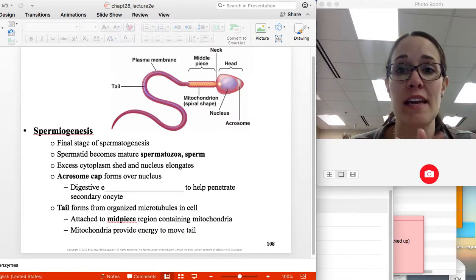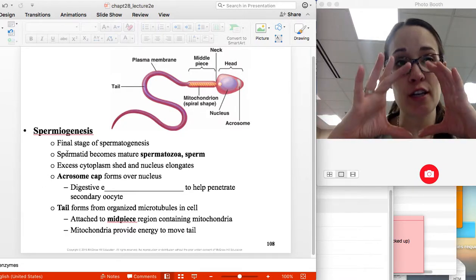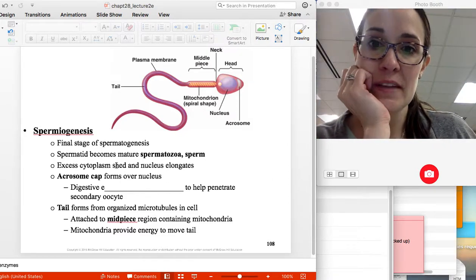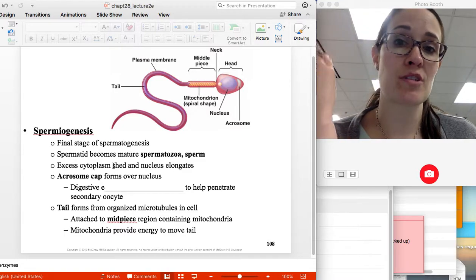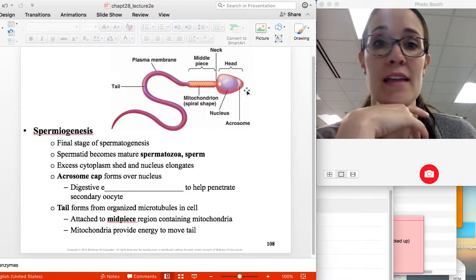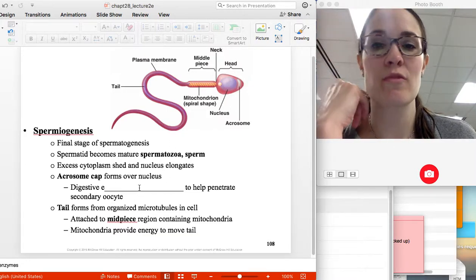The final stage is called spermiogenesis, when the spermatid, that circular structure, now becomes a sperm with a tail. What happens is the excess cytoplasm is shed and the nucleus elongates. It gets a cap, like a baseball cap, called an acrosome. It forms over the nucleus.